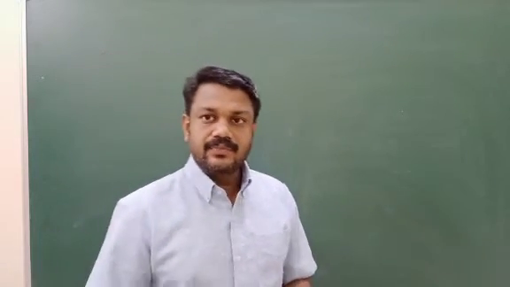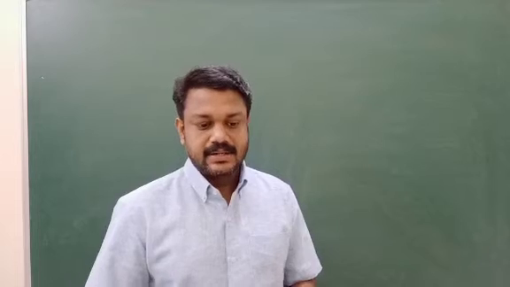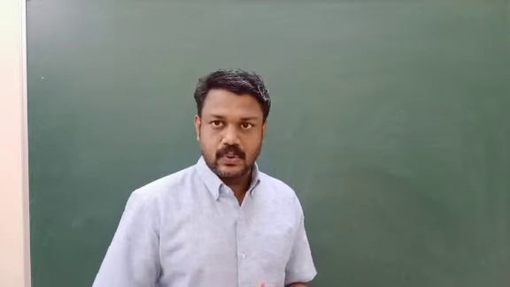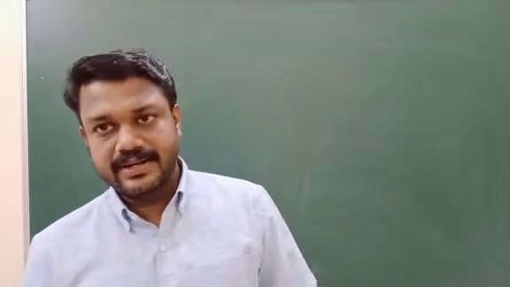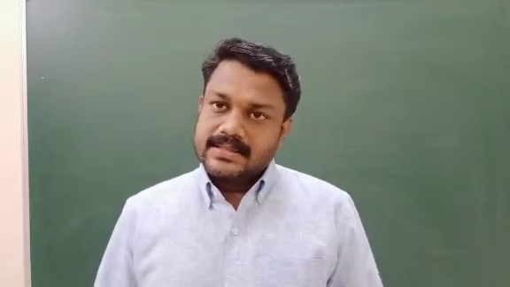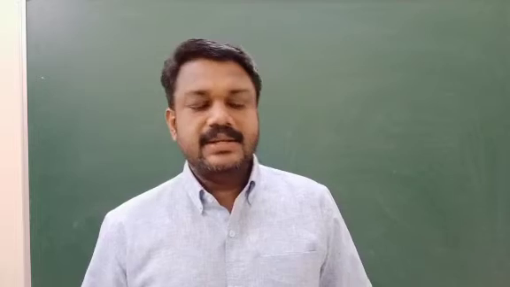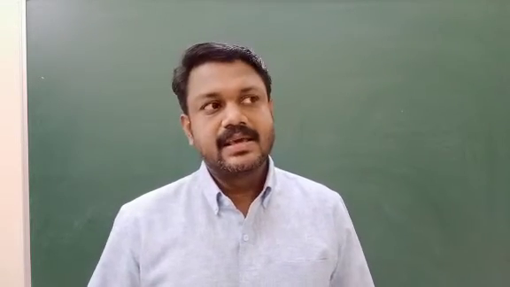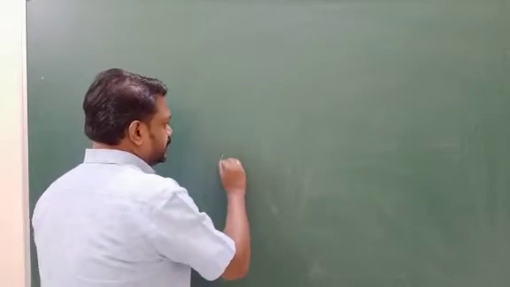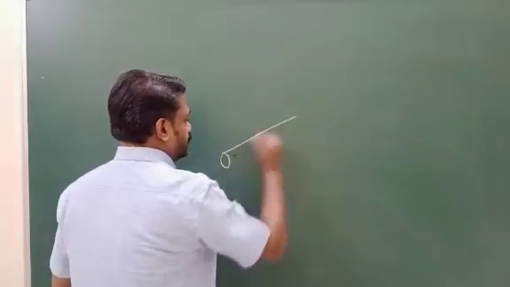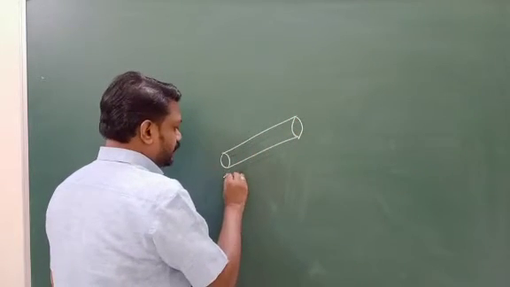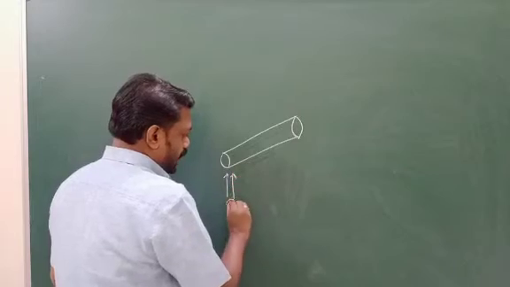So we are starting with the concept of conduction. How does conduction take place, or what is the mechanism of conduction? As I already told you, conduction happens in solid materials. Suppose you have a steel rod, and this steel rod is heated at one end.